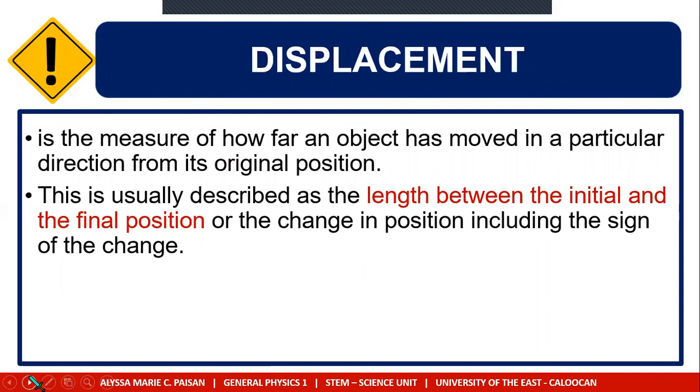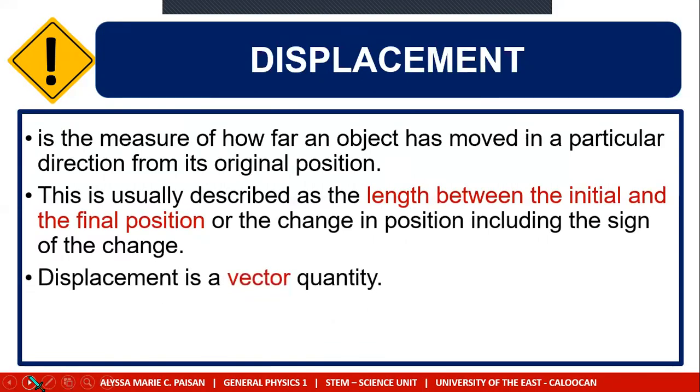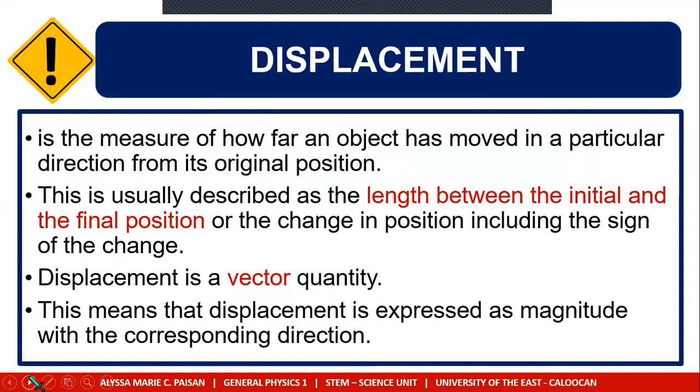It's the change in position, and remember, we are already considering the sign because this is a vector quantity. And remember, when we talk about vector quantity, the signs, the positive and the negative, denote direction. Since displacement is a vector quantity, it has magnitude and direction.